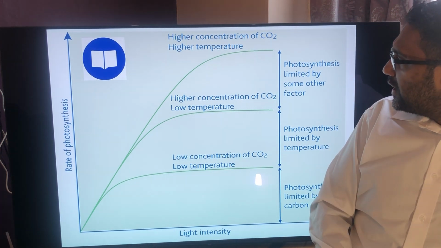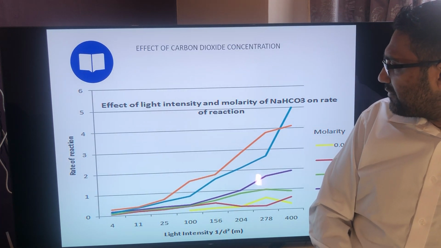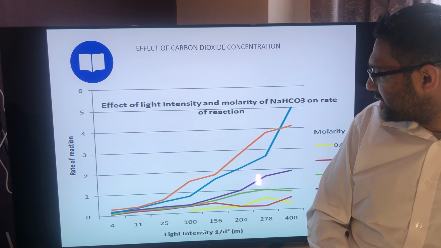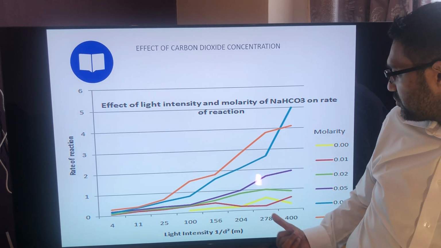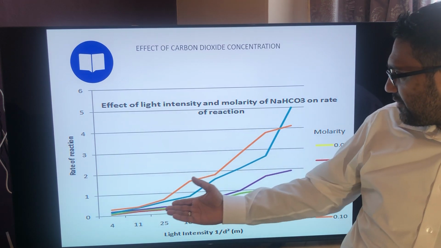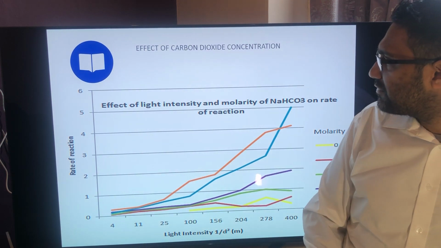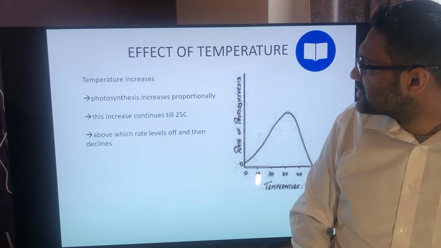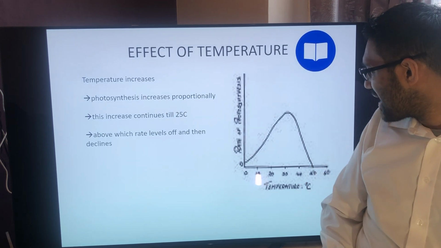So, data then, what does it look like for carbon dioxide? The higher the concentration of carbon dioxide, you can see the colours, the faster the rate of photosynthesis.